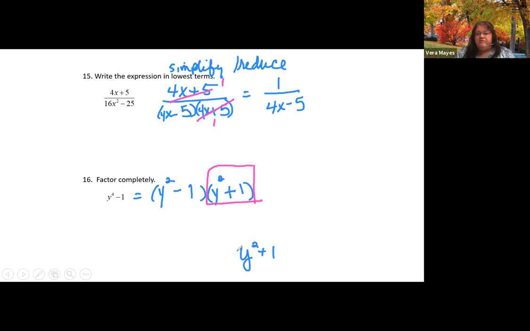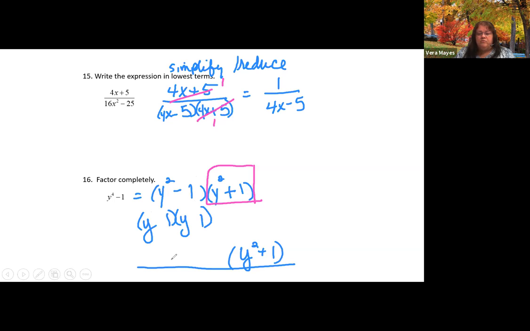So at this point, if I was you, I would come down and start putting it in your answer blank. Now this one is a minus. So it's another difference of 2 squares that was embedded in a difference of 2 squares. So this one factors again. Y squared comes from a y and a y.